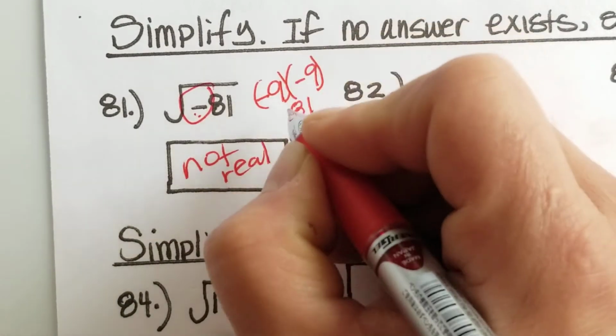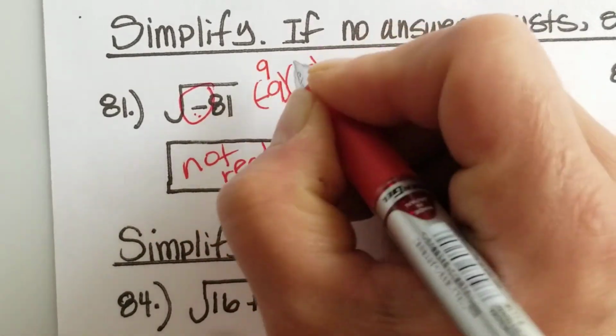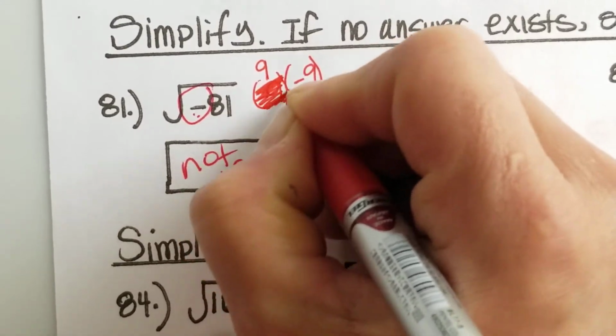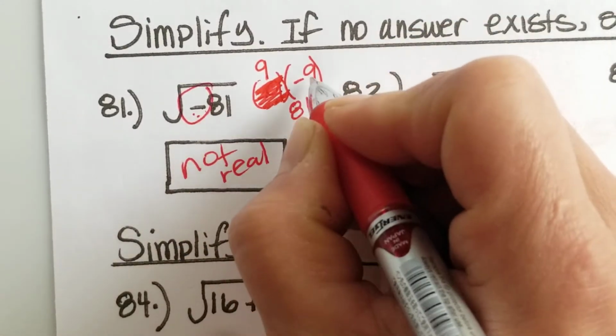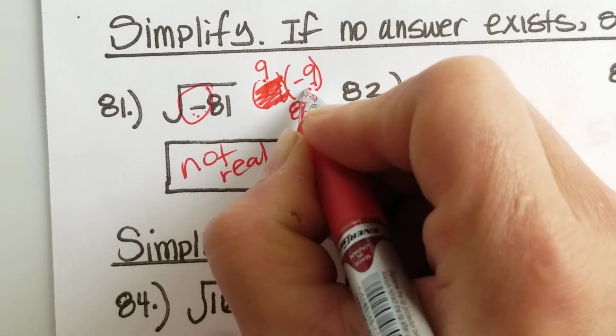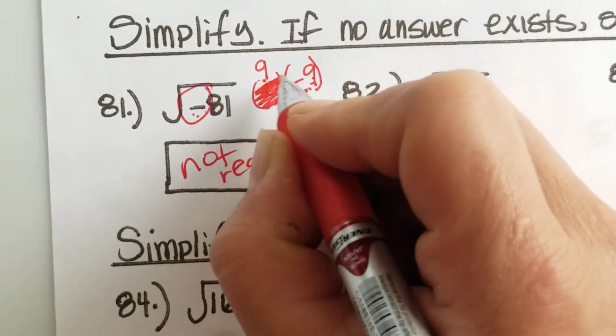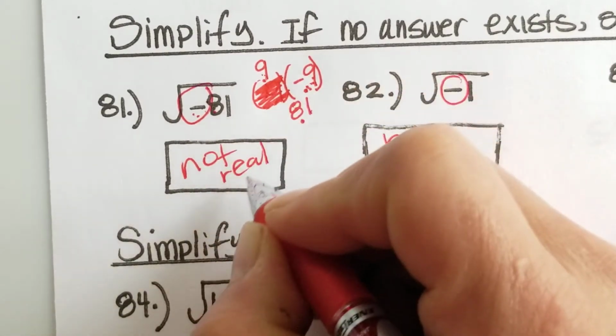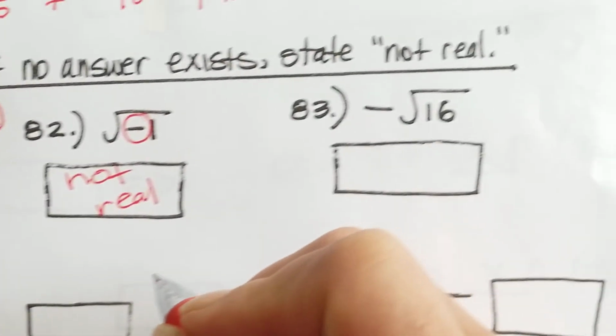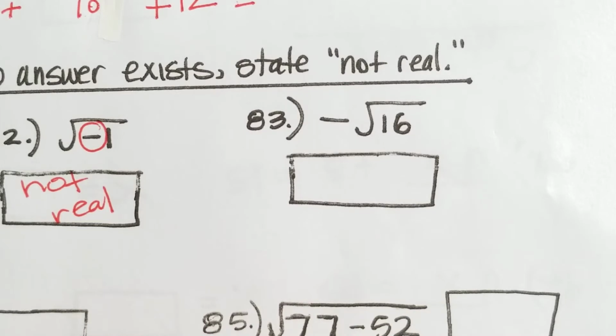So there's no way. You'd have to have a negative 9 times a positive 9 to give you a negative 81. And those are not the same. Remember, to find a perfect square, or the square root here, these have to be the same, and they're not. So it's not real.